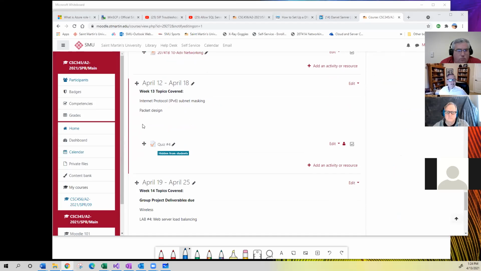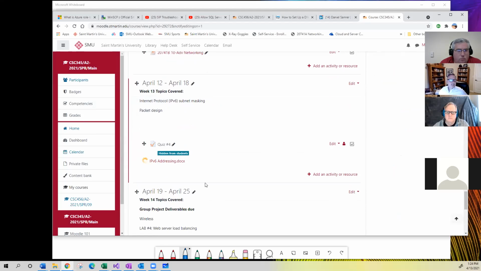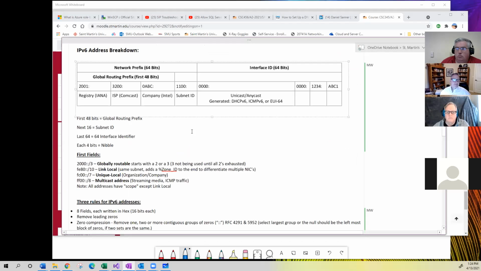Okay, so in this week here, we've got IP version 6 addressing. These are the notes that I'm showing you on my screen in OneNote here. So this subnet ID, each of these is 16 binary bits, and this is 16, this is 16. Here's your first 48 bits, these first three groups of 4 hexadecimal numbers in an IP version 6 address.